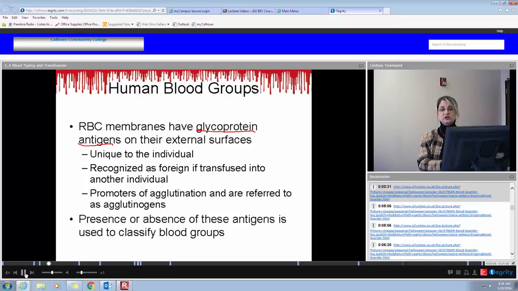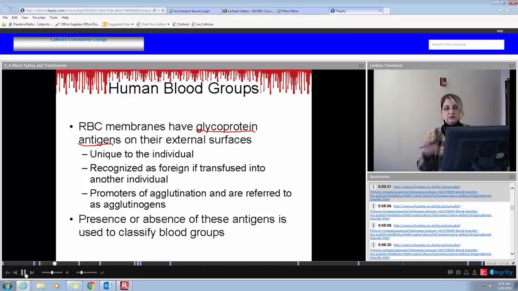So an antigen is something that causes your body to create an antibody, and an antibody is a component of the immune system that will bind to an antigen. So you create an antibody, it binds to an antigen, and then marks that particular cell or that antigen for destruction. So we're born with all these antigens.